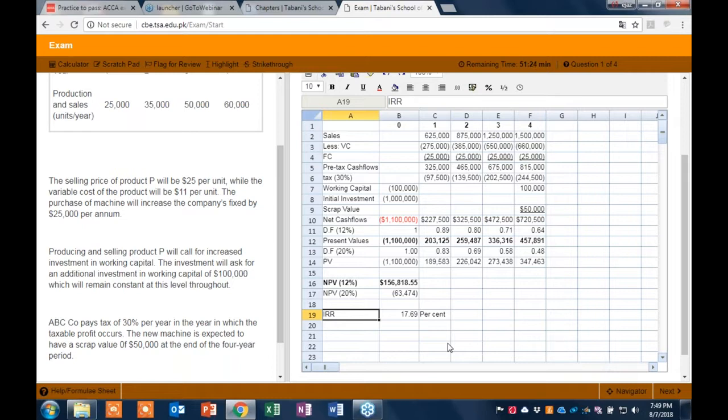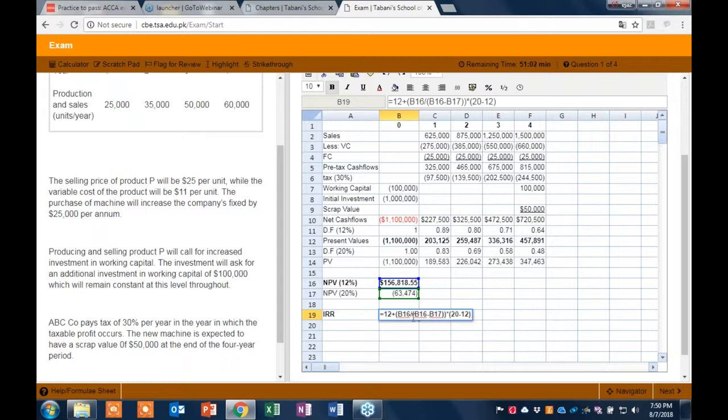So the majority of the answers are correct, and it's a good sign. If you want me to show you the formula that I just applied, you can see it: the lower rate, 12, plus the positive NPV, B16, divided by B16 minus B17.